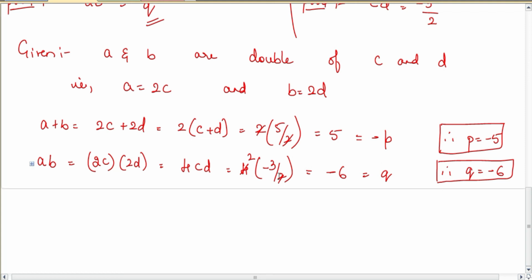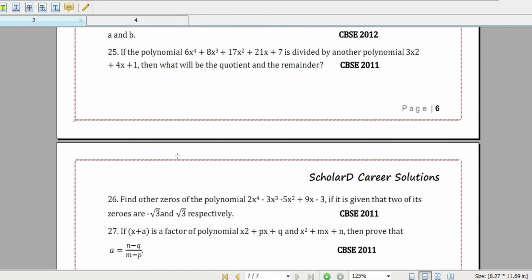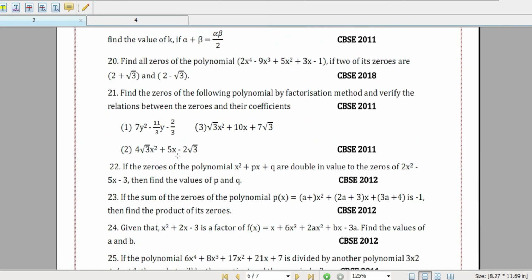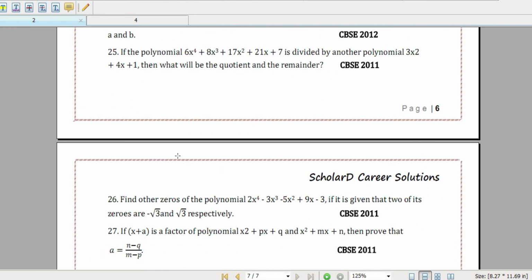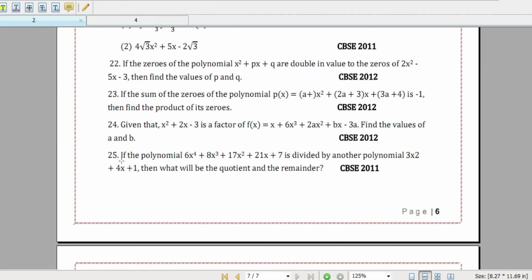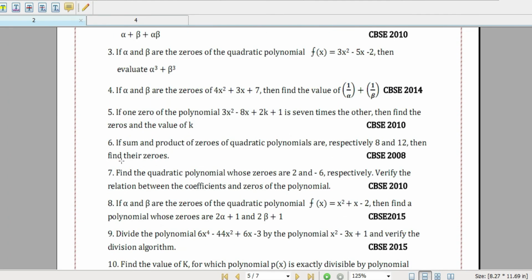Okay, any doubts, let me know. Otherwise, we will wind up the session. Please let me know if you have any doubts in the chat section. For all the questions which are not yet solved, I will be sharing the handwritten solutions for all these 27 questions. You can first solve all these questions and then compare your answers with the solutions.